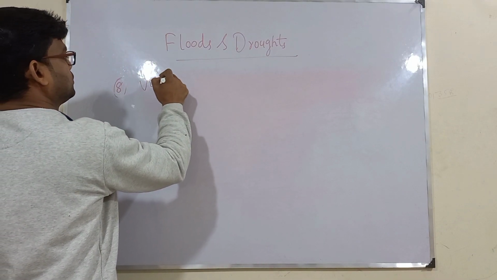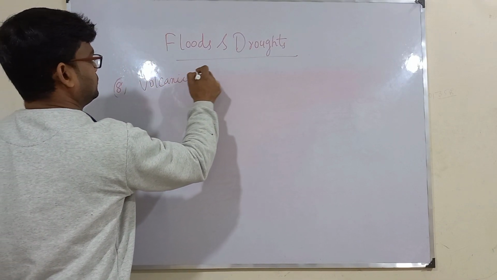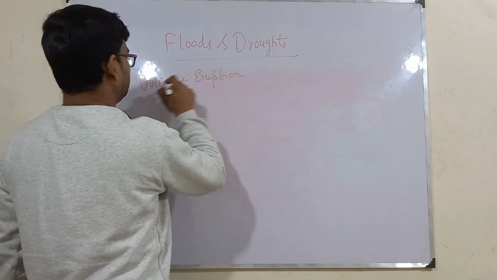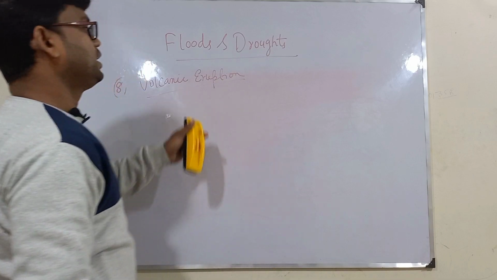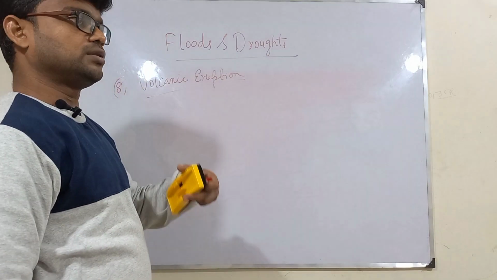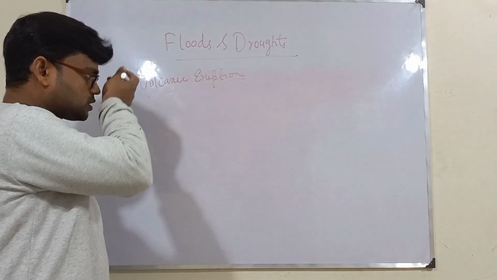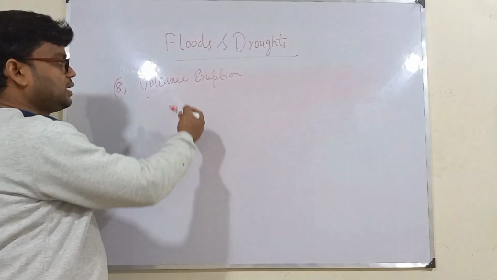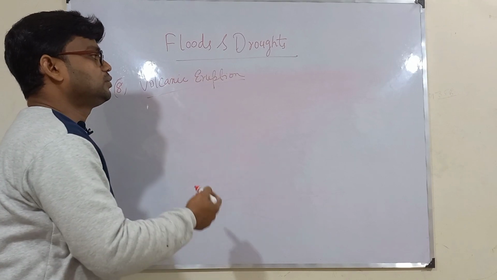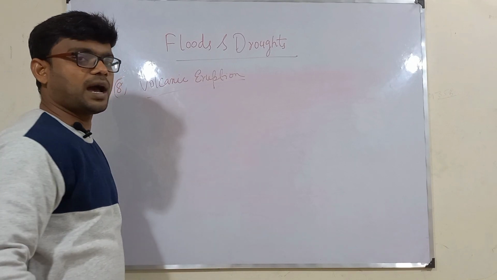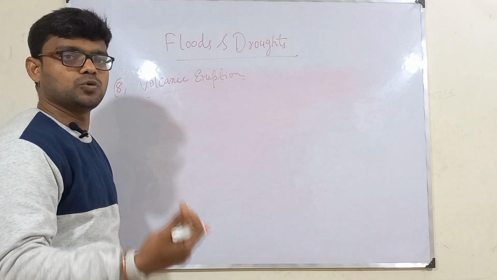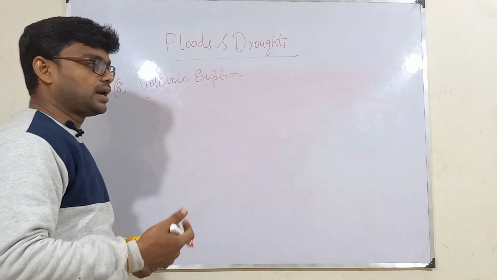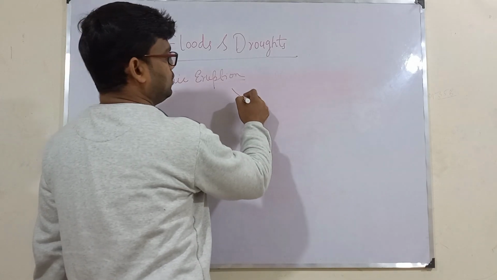volcanic eruption. Now what happens is that due to volcanic eruption, especially in those regions which are generally surrounded by ice year-long, if volcanic eruptions happen in those places, then due to the heat of the volcanic eruption, the ice near that region used to melt, and the sudden melting of that ice results in floods.